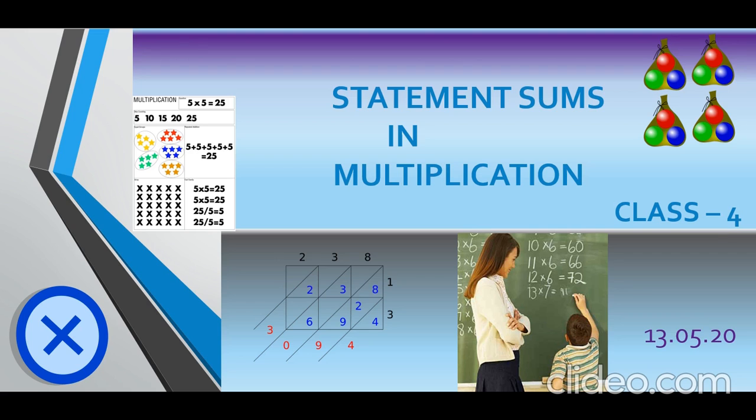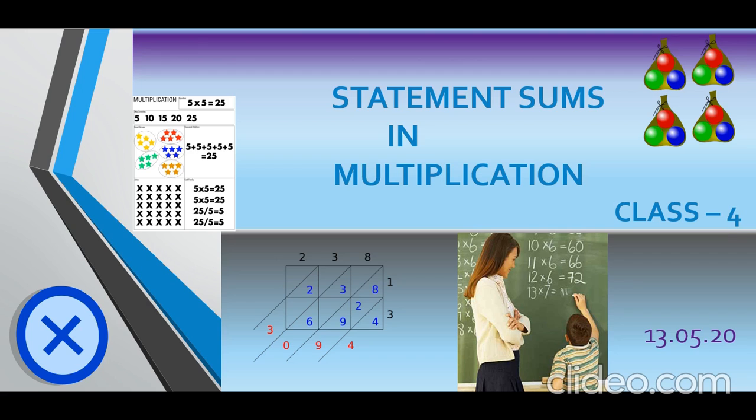Or you can think like this: 5 times 10 means 10 multiplied by 5. In either case, whether you have added 10 repeatedly to itself 5 times, or multiplied 10 by 5, you will get the same answer, 50. So you can say multiplication is a process of repeated addition.